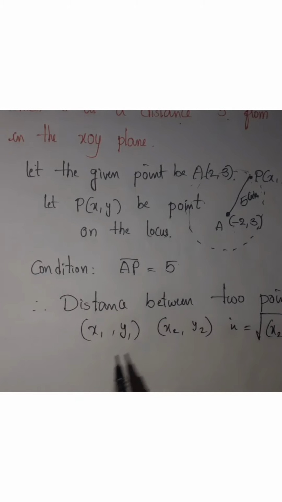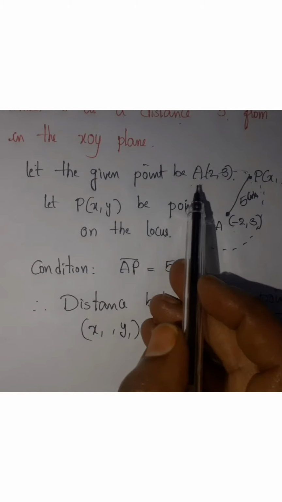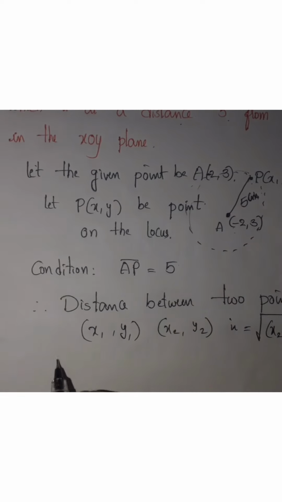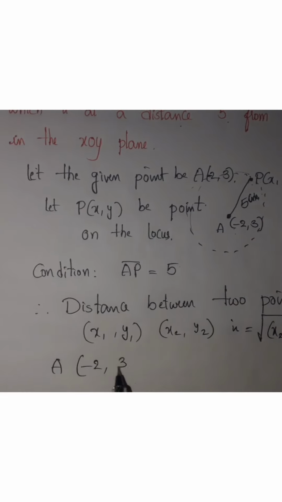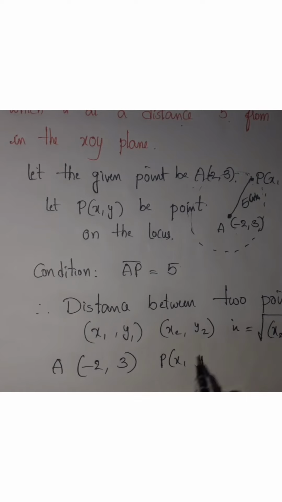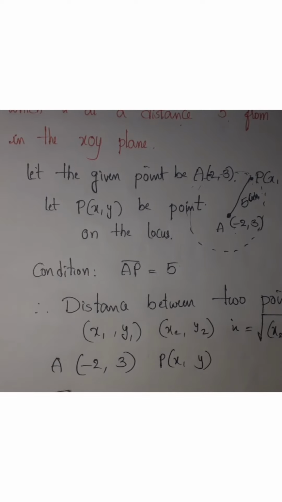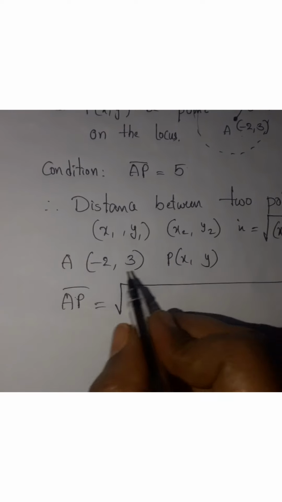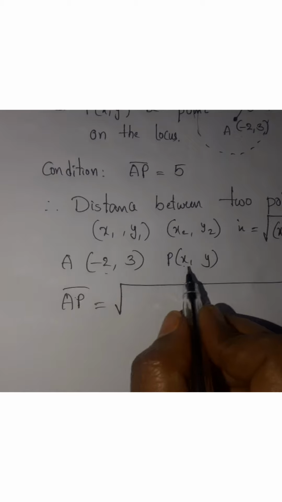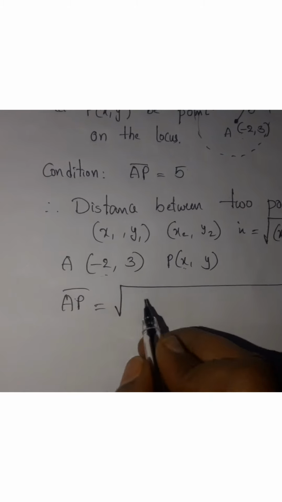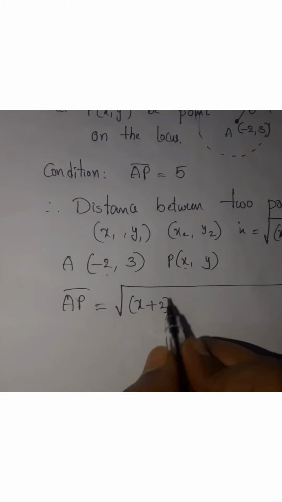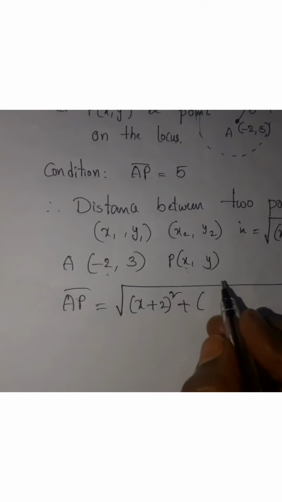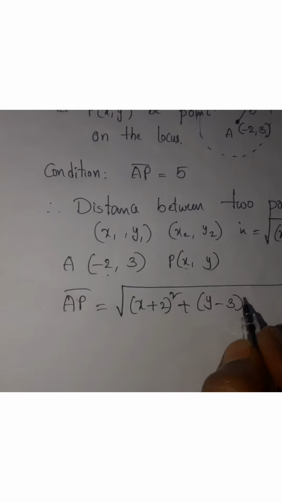So here A is minus 2 comma 3 and P is x comma y. Let us substitute here. AP is equal to under square root of x minus of minus 2, that is x plus 2 whole square, plus y minus 3 whole square.